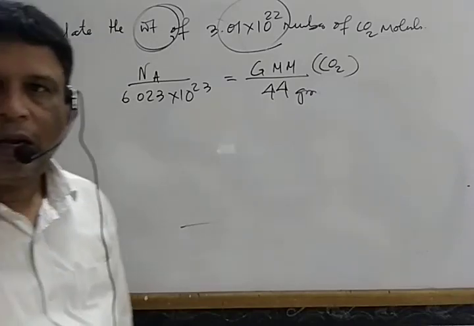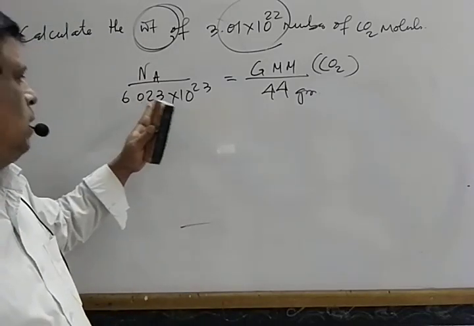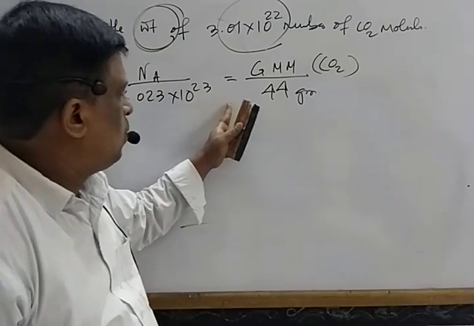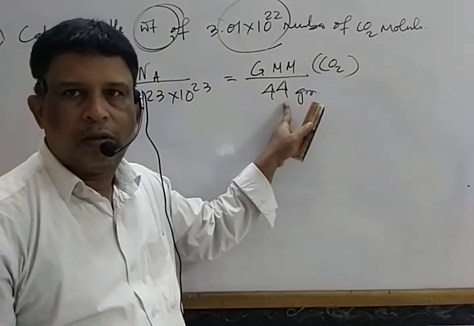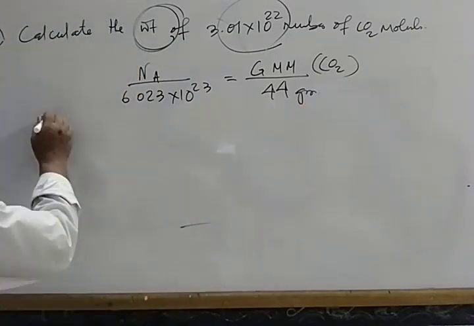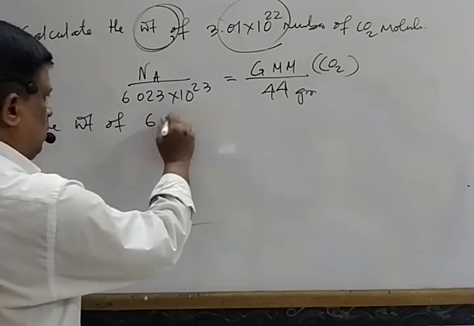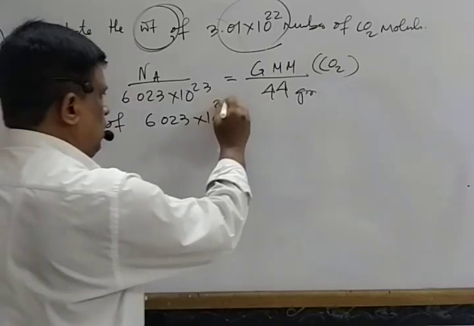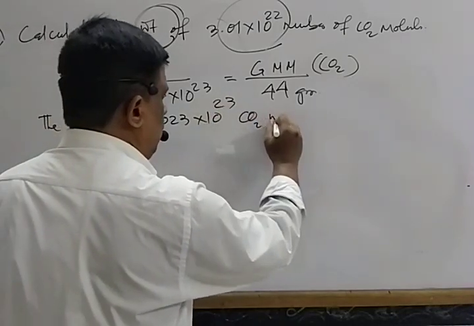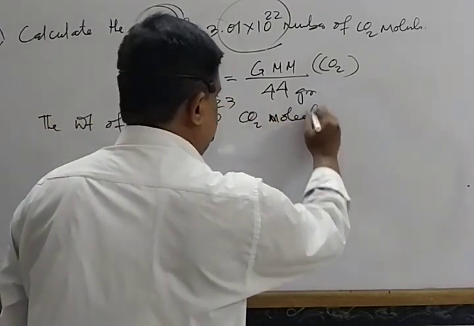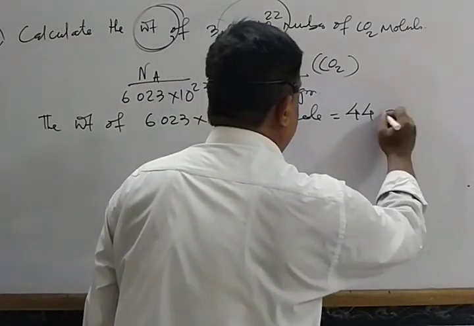So what is the formula? Formula is this number of carbon dioxide molecules weighs this much. So what is the statement? The weight of 6.023 into 10 to the power 23 CO2 molecules is equal to 44 gram.